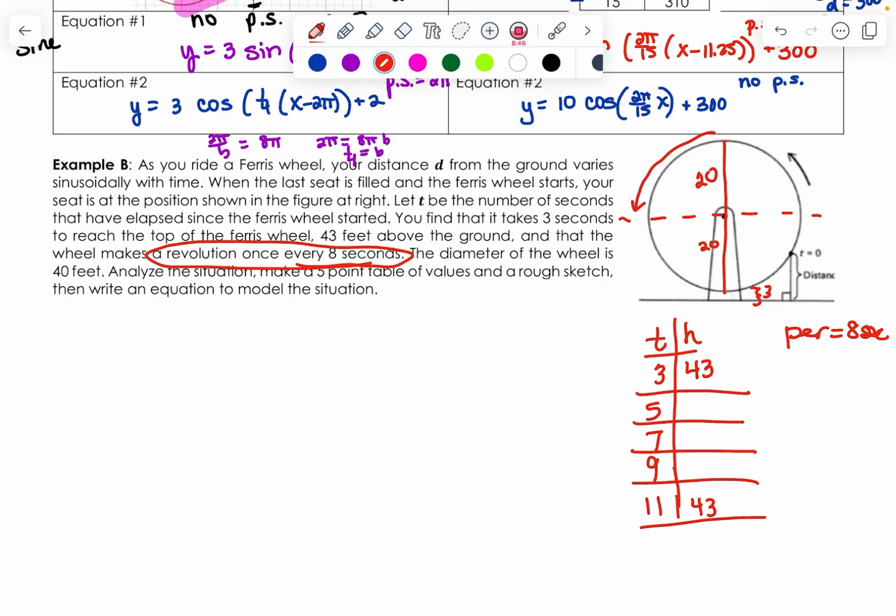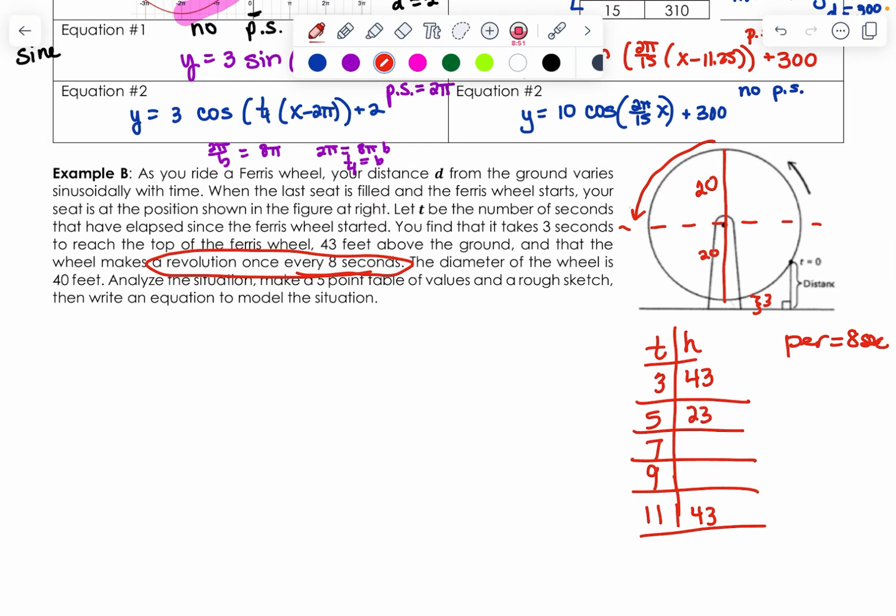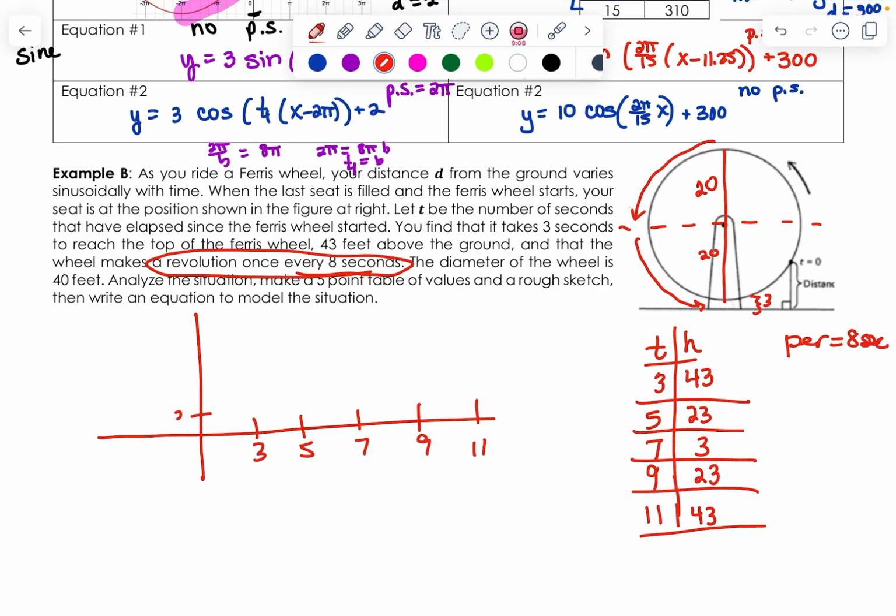So if I come here, I've come down 20 units, so I'm at 23. And then as I go here, I'm at 3, and then you go back up around. So it might help if we made a sketch. Some of you will need the sketch and some of you will not. Again, this is not for perfection, but at 3 seconds, I'm at 43, 5 is 23, then I'm down at 3.